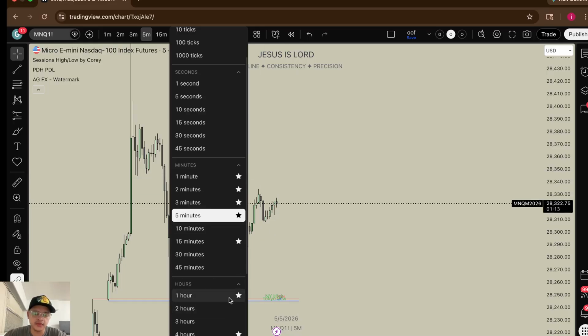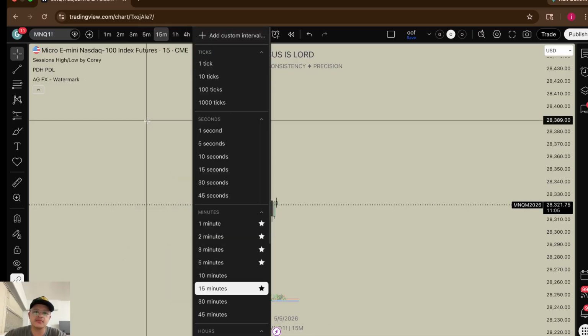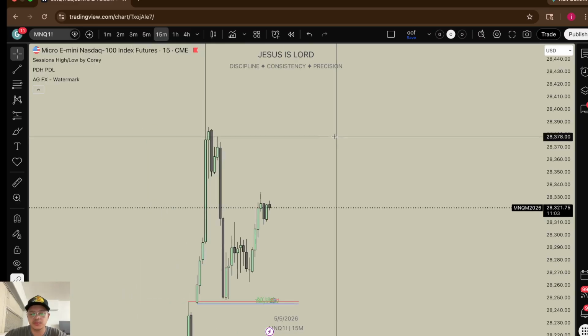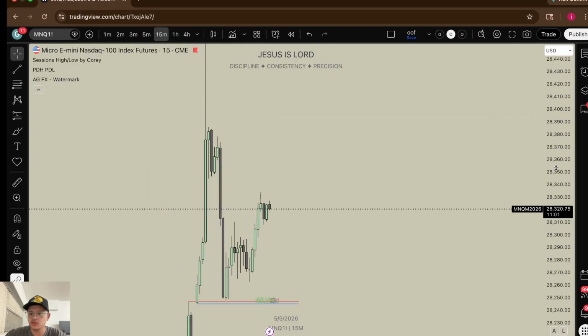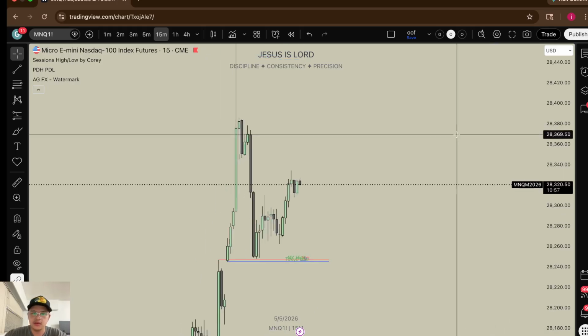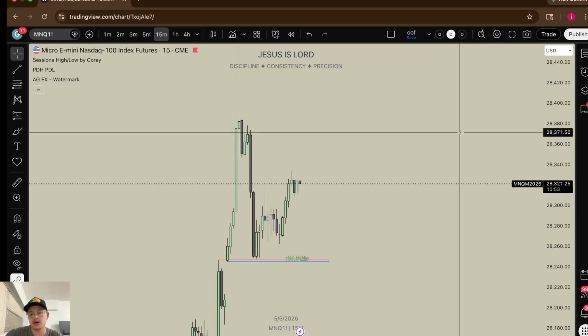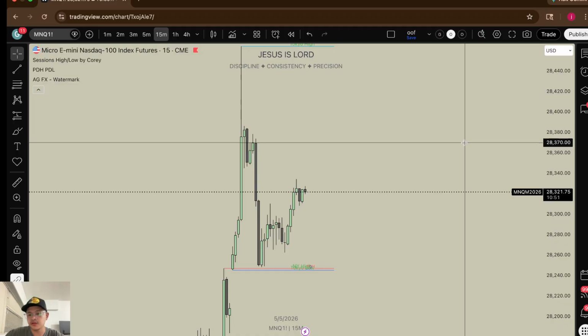the higher the time frame of the fair value gap, the more significant. What does that mean? The higher the time frame of the fair value gap, the more likely price is to go to it, more than 15-minute fair value gaps. Because remember, one of the reasons why markets move is to fill imbalances.